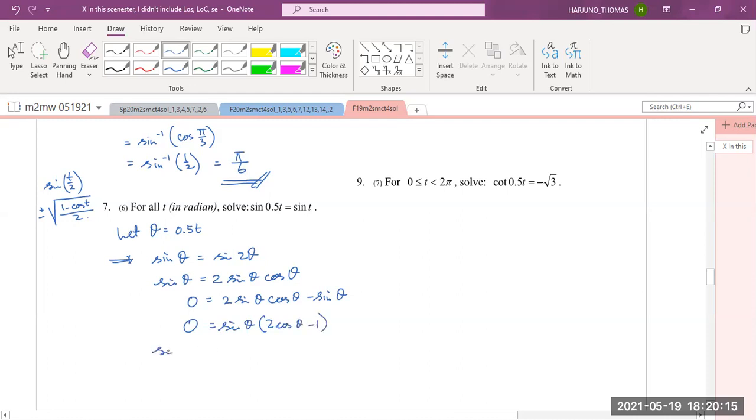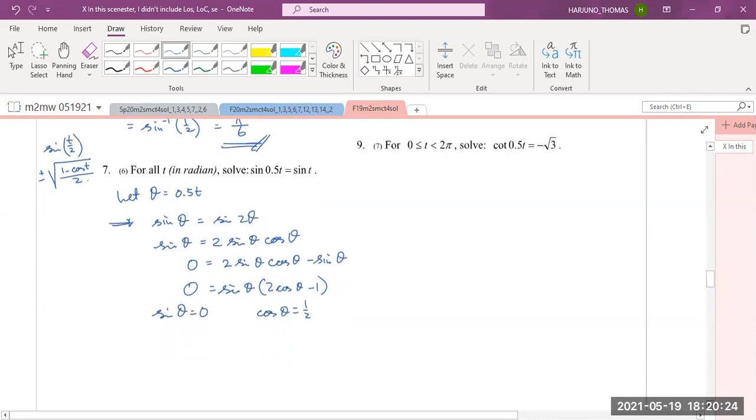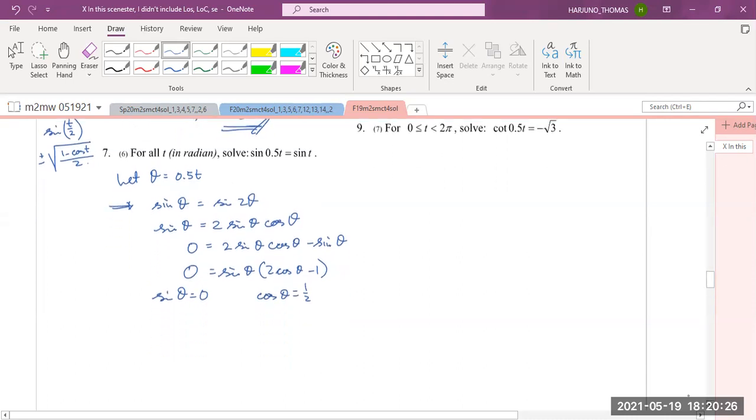So either sine theta equals 0 or cosine theta equals 1/2. Notice that I don't square both sides, so I'm safe.